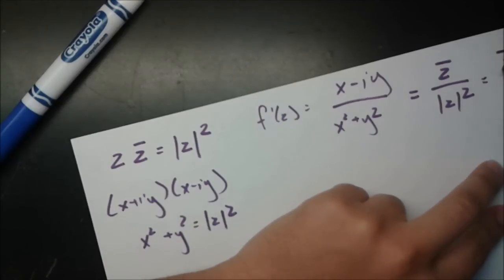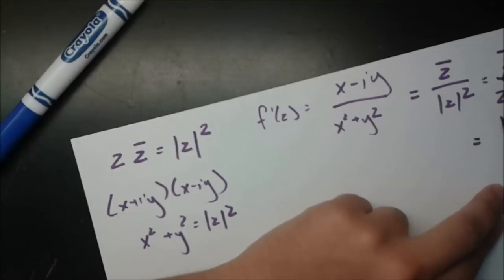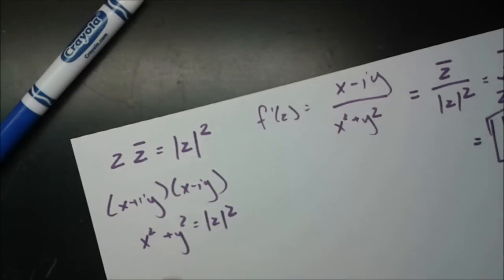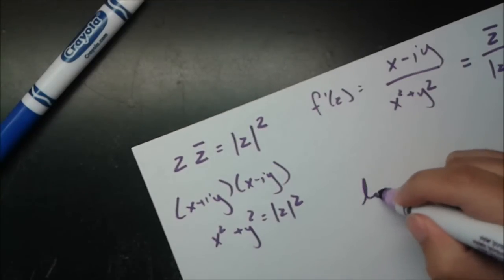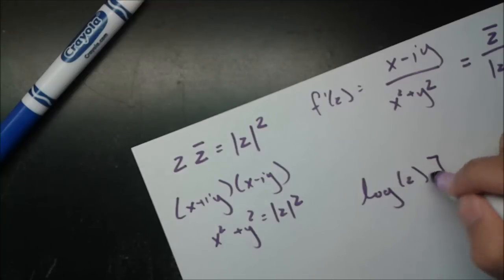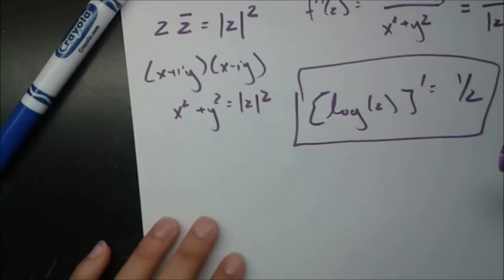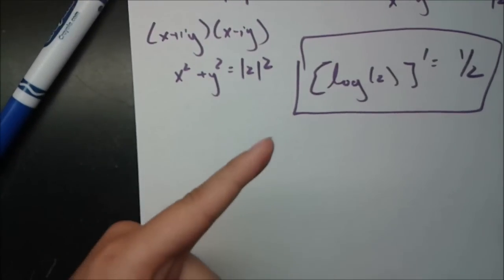So this is equal to z conjugate over z times z conjugate. The z conjugate cancels. We have 1 over z. Final answer. So after all that work, we have proved that log z prime equals 1 over z. And that's the power of Theorem C. For the proof of Theorem C, click right here, you'll get the proof.